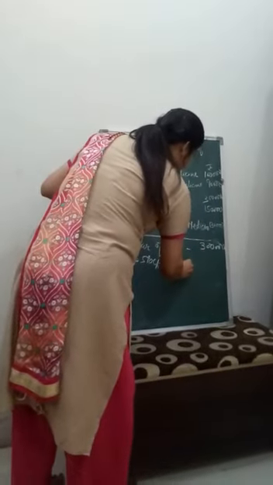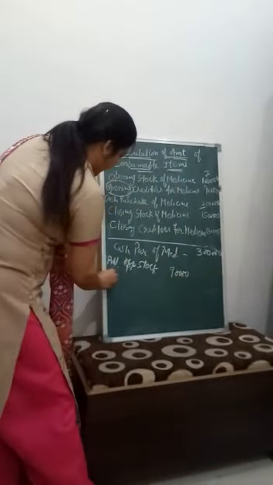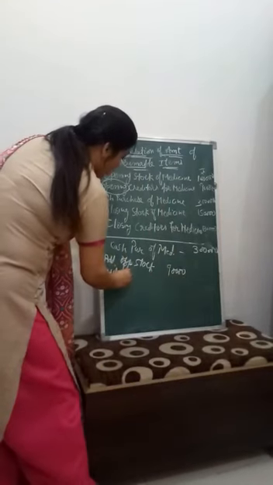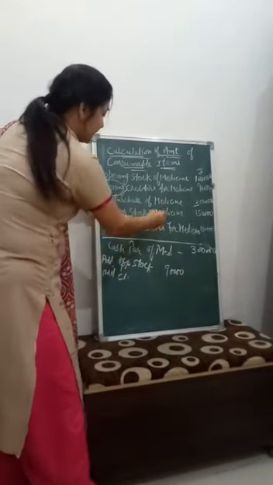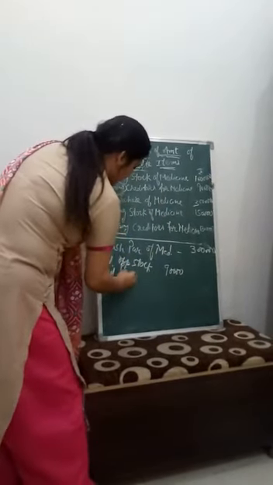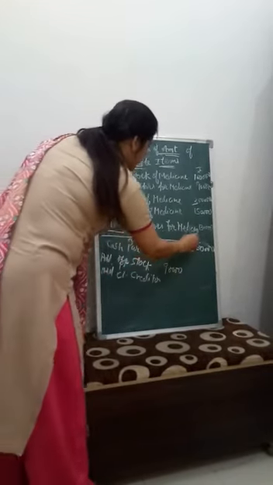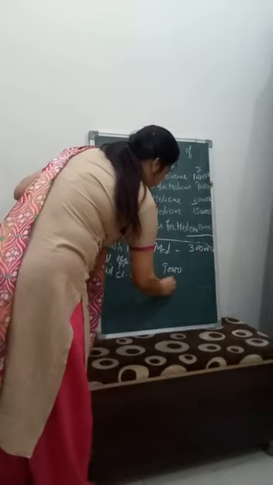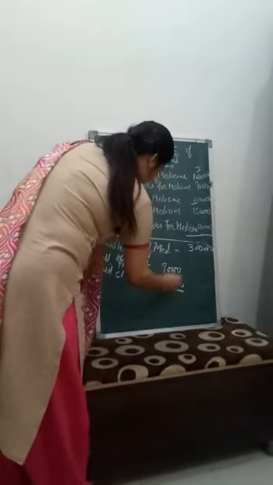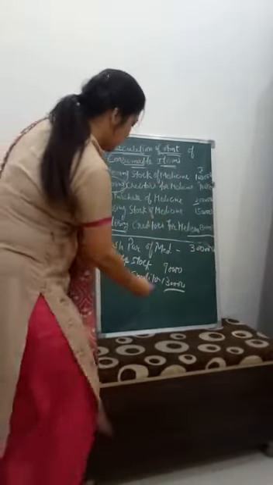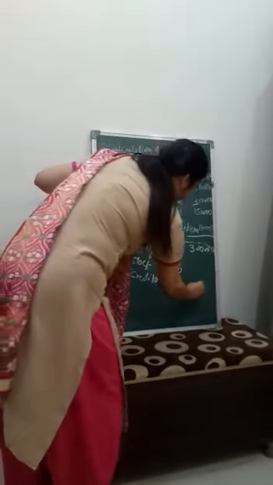That should be added, and add closing creditors, that is 1,30,000, and that is 2,20,000.